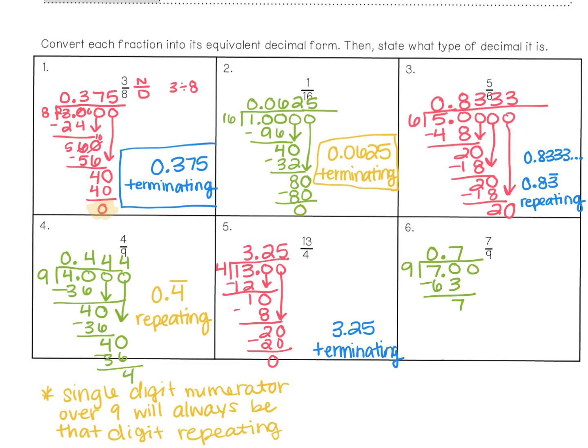Well, 70 minus 63 is 7, so I'm just going to keep getting 63 and having to subtract from 70. So I'm going to keep getting a 7 down here. And when I add zeros, that's going to keep going on and on and on. So this is 0.7 repeating, and it is a repeating decimal.